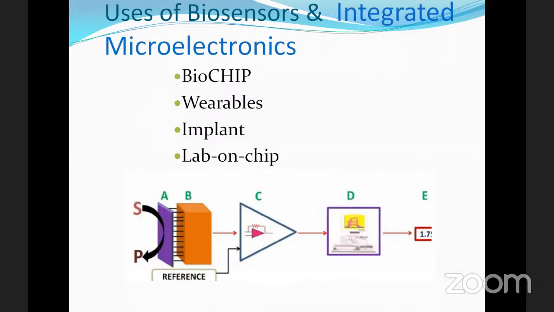These are very important in medical diagnostic techniques and for the development of lab on chip. These are the uses of biosensors. Biosensors are not limited to one particular sensing area. They can also be integrated for the development of a complete instrumentation, or towards future needs. They can be integrated into wearable or implantable devices.